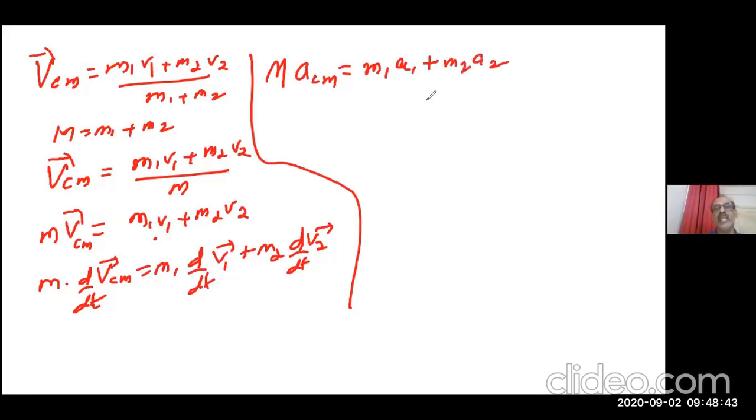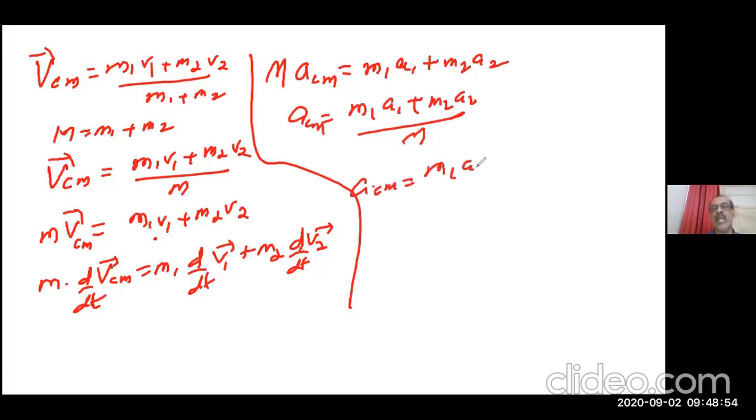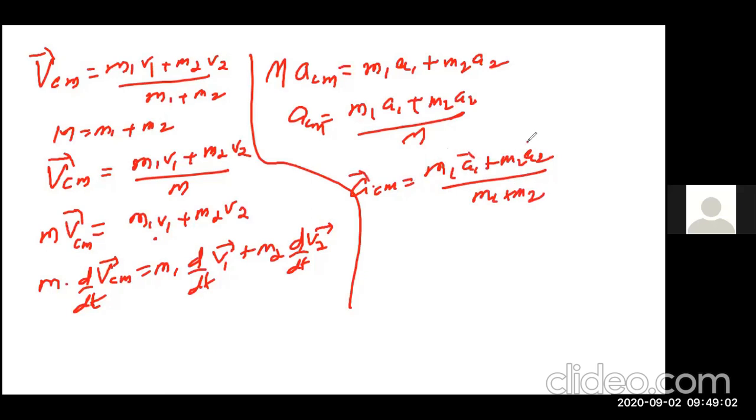Then ACM is equal to m1 a1 plus m2 a2 divided by m, that is m1 a1 plus m2 a2 divided by m1 plus m2. Same like velocity, just v1 is replaced by a1.